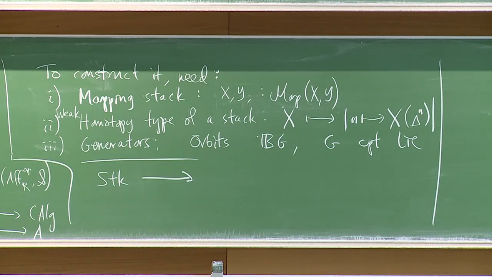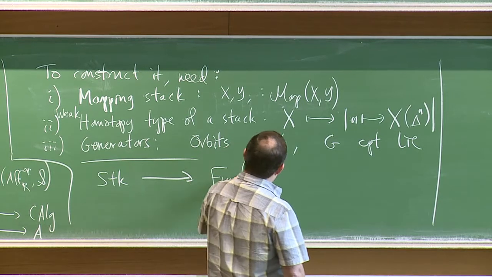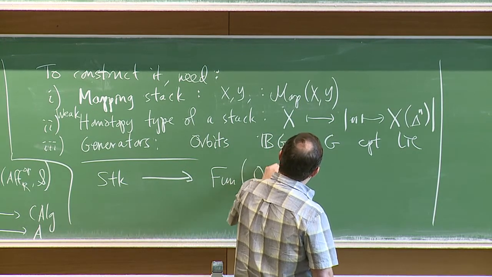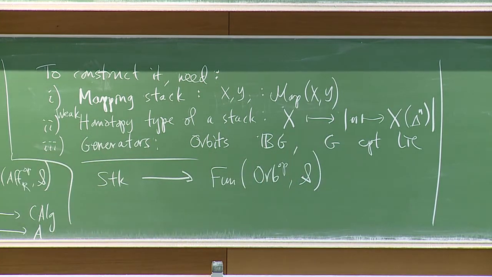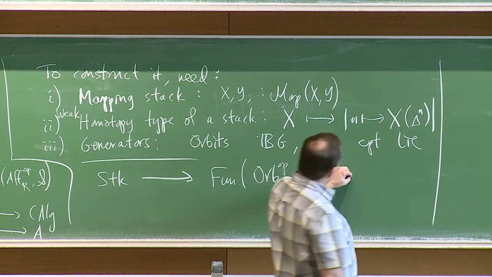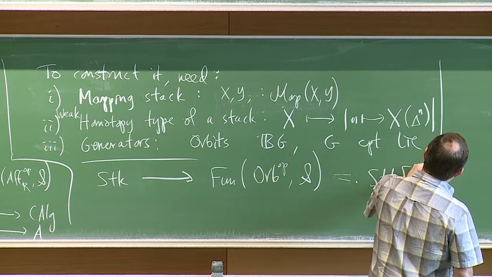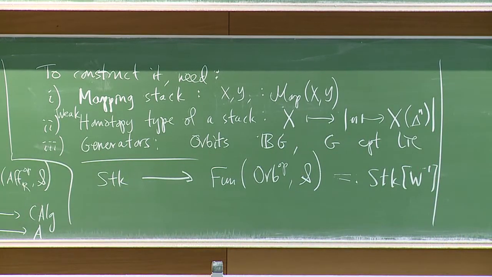And with these three ingredients, I get a functor from stacks to functors from this orbit category op to spaces, which I'm going to think of as stacks with some weak equivalences inverted. That can be made more precise, but I'm not going to do that right now.